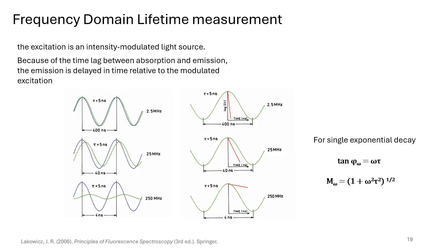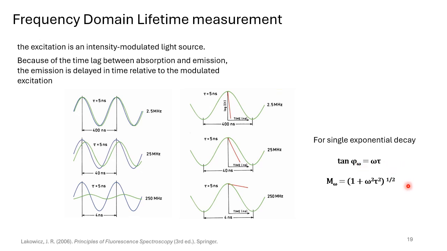So in frequency domain measurements, the excitation source is an intensity modulated light source. And because of the time lag between the absorption and emission, the emission is delayed in time relative to the excitation. This delay is measured by a phase shift, which is denoted by phi of omega, where omega is the frequency, in radians per second.